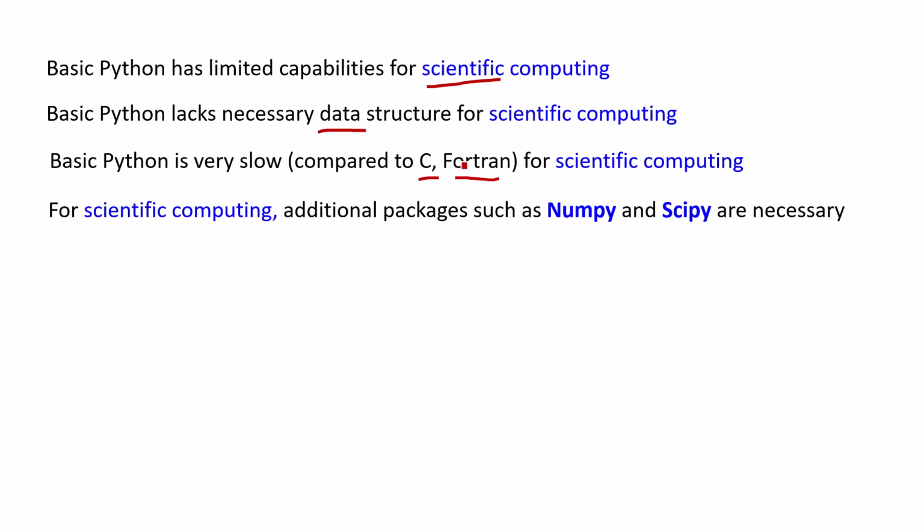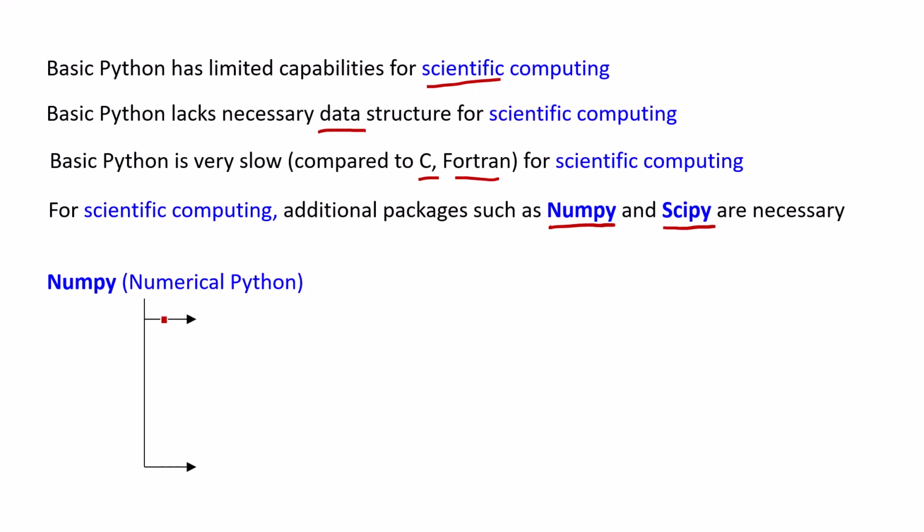To improve Python so that we can use it for scientific computing, we use additional packages. Especially important are numpy, that is numerical Python, and scipy, that is scientific Python. We'll discuss scientific Python later on in this course, but right now we'll talk a bit about numpy or numerical Python. Without numerical Python, it is impossible to do any scientific computing in Python.